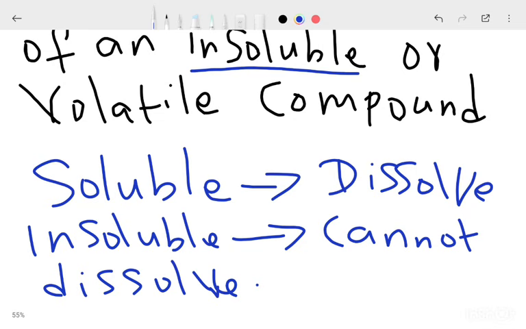Can chalk dissolve in water? Do you know chalk? That substance they use in writing on the dark boards in our secondary schools. Can chalk dissolve in water? It can, right? So chalk is an example of a soluble substance, it can be dissolved in water.